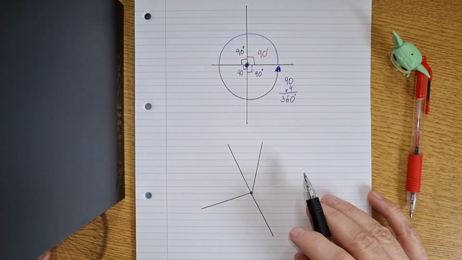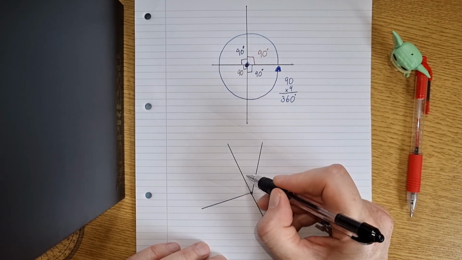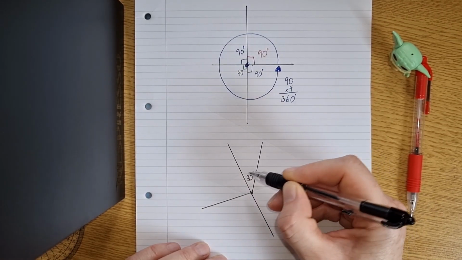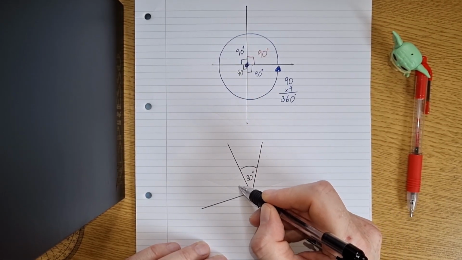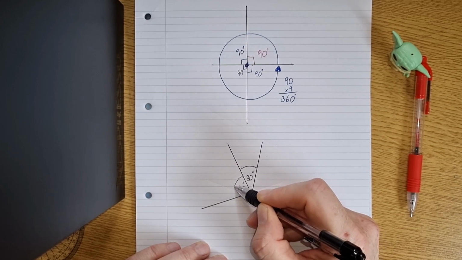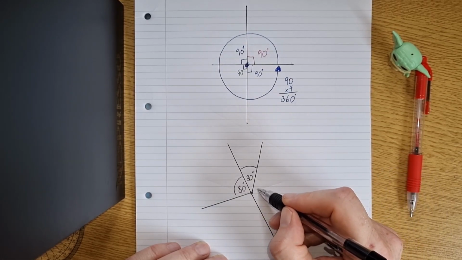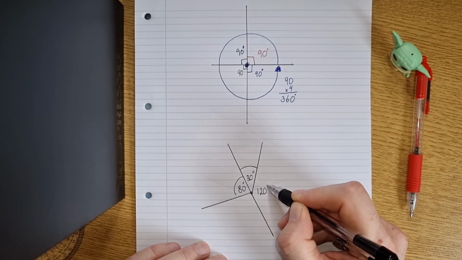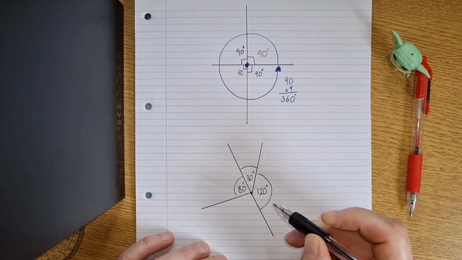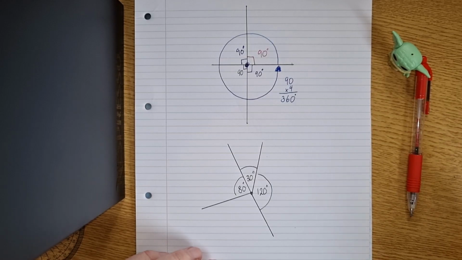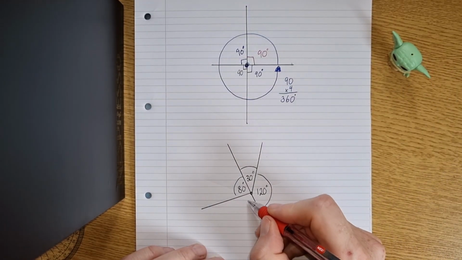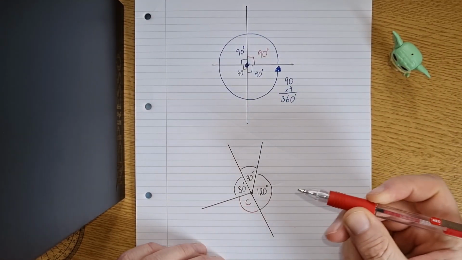And in my question, I might have something like that's 30 degrees, and that's 80 degrees, and this is 120 degrees. And so we want to know what this angle is in here, which I'm going to call angle C. How are we going to do this?